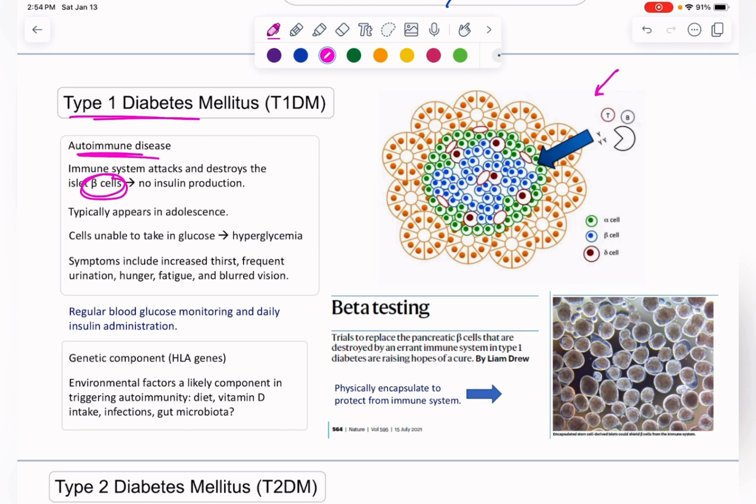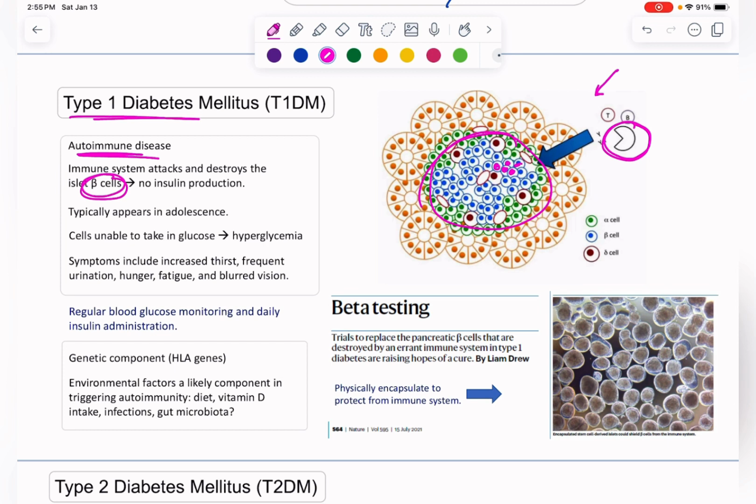Here we have a drawing of the histology of the pancreas. Here we have the islets of Langerhans. Specifically, you have white blood cells, this little Pac-Man cell here, that's going to attack these beta cells and destroy them. So in type 1 diabetes, you're left with none or very few functional beta cells.